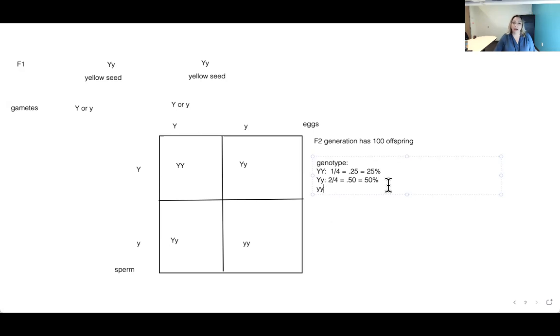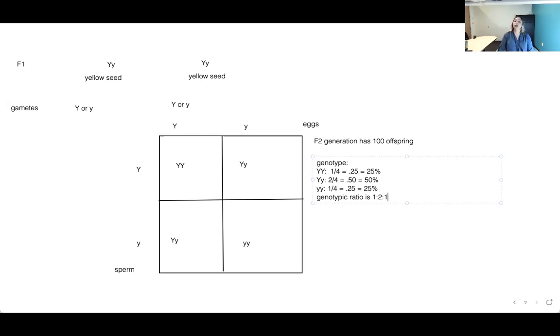Remember, to get my number there, I take 2 divided by 4. Little y, 1 out of 4 squares equals 0.25, which is 25%. Now, for our ratio, I would say that the genotypic ratio is 1 to 2 to 1. So I'm just looking at the numerators or top of the fractions. Big Y is 1, big Y, little y 2, little y 1.